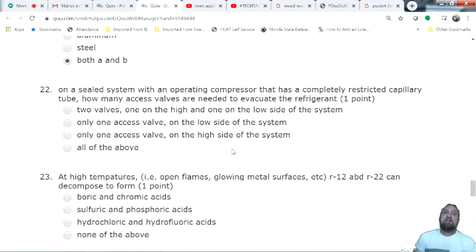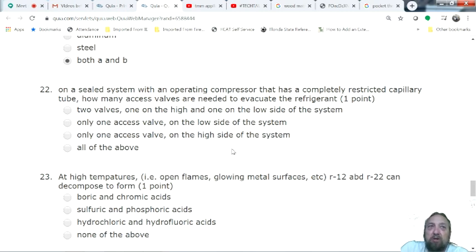On a sealed system with an operating compressor that has a completely restricted capillary tube, how many access valves are needed to evacuate the refrigerant? We only need one, not on the low side, but on the high side.